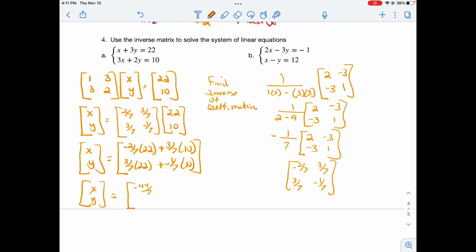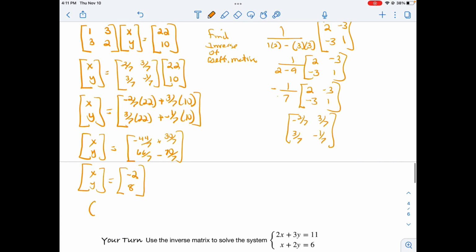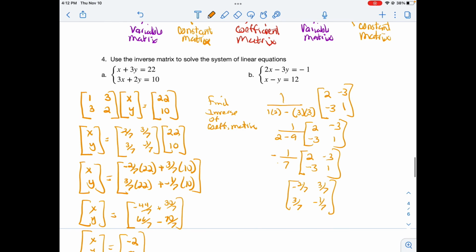Simplifying down, I get negative 44/7 plus 30/7. And for the second row entry, I get 66/7 minus 70/7, or 10/7, sorry. And that simplifies down to negative 2, 8. And so by equal matrices, x must be negative 2 and y must be 8. So the solution to this system is negative 2, 8.